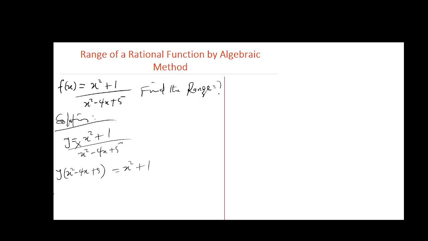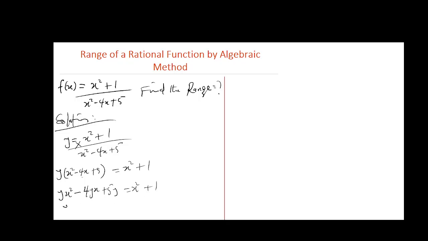We can expand here to have that y multiply x squared will give us yx squared, minus y multiply 4x will give us minus 4yx. y multiply 5 will give us plus 5y, equal x squared plus 1. We now collect like terms and equate the expression to 0.